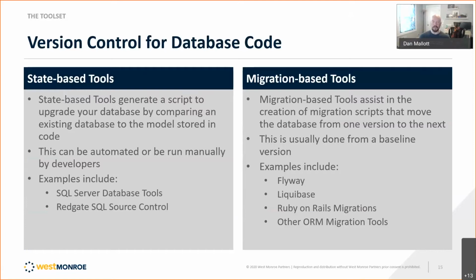Some examples: SQL Server Data Tools, Redgate SQL Source Control, both pretty good at this, but there are some challenges there, specifically around making data changes, data type changes, naming things. Naming things is one of the two great challenges of computer science, along with cache invalidation and off-by-one errors.